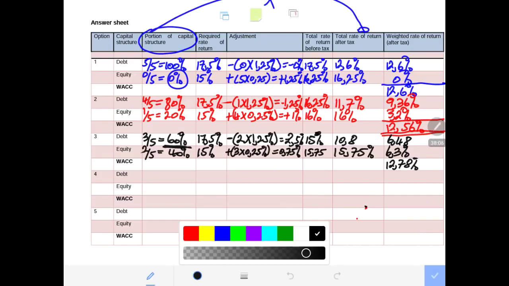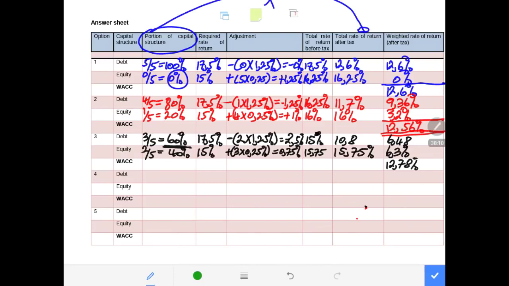The next one is when we decide to take only 2 of the 75,000 through the bank, and we take 3 of them through equity. Then if that is the case, meaning now it is the other way around, we have less debt and more equity. Therefore equity becomes 60% now.